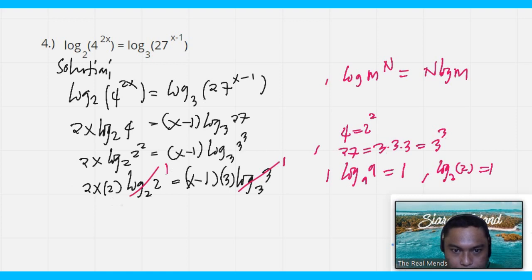And then the remaining equation will be this one: I have here 2x times 2, and then x minus 1 times 3.